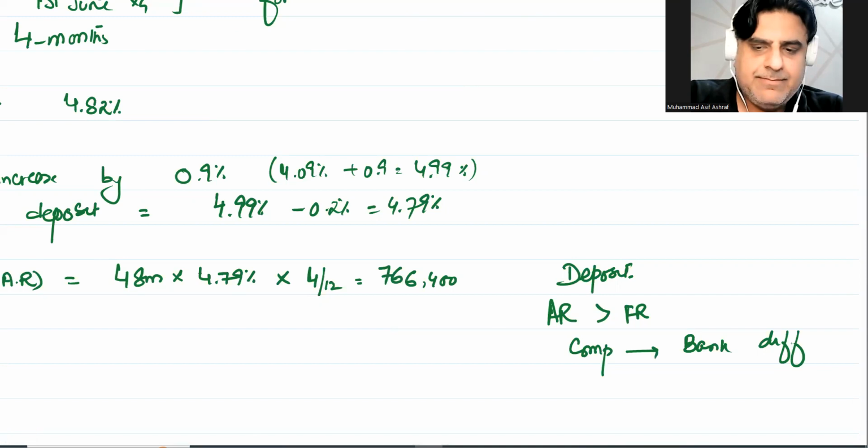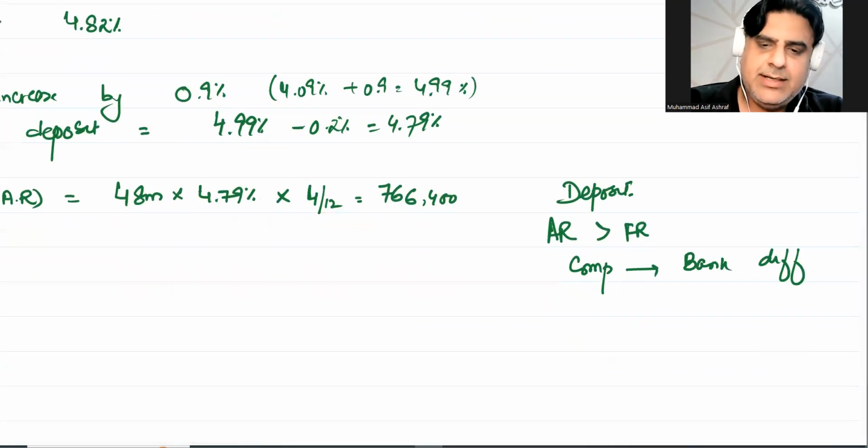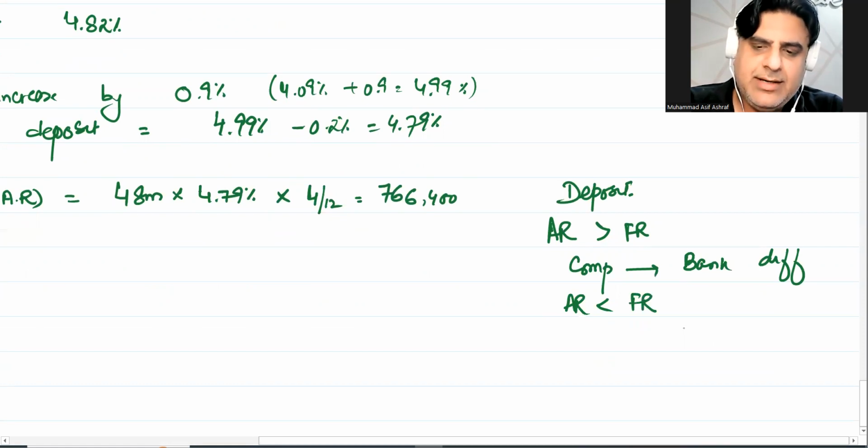And vice versa, if the actual rate is less than the forward rate, this means that you are not receiving the agreed amount of the forward rate with the bank. In this case, the bank is going to compensate the company with the difference.